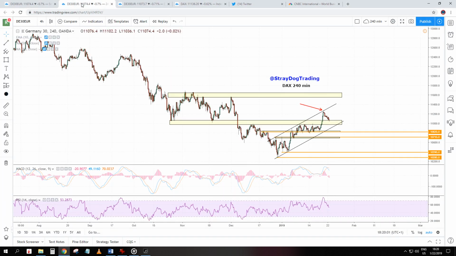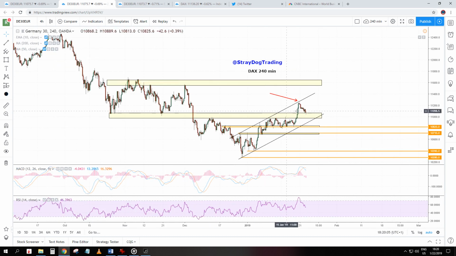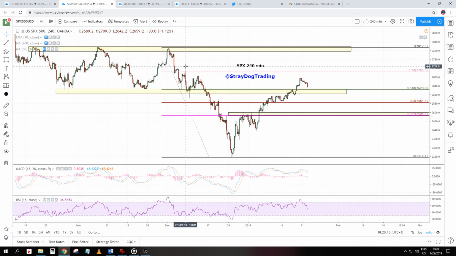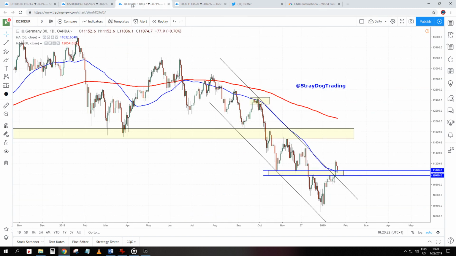On the higher time frames, DAX is basically now here at the breakout area. This is DAX testing it. This is S&P, which is also going down currently to maybe test its own breakout area. Nasdaq, Russell, they all look the same.